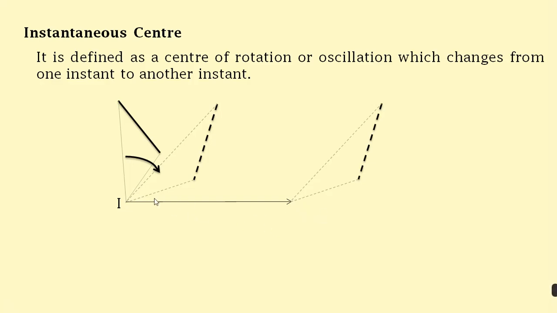So in this condition, the instantaneous center has satisfied its definition, that is, it has to change from one instant to another instant. So what we can understand is that the instantaneous center of a particular link changes its location whenever the link is under the combined effect of rotation and displacement.